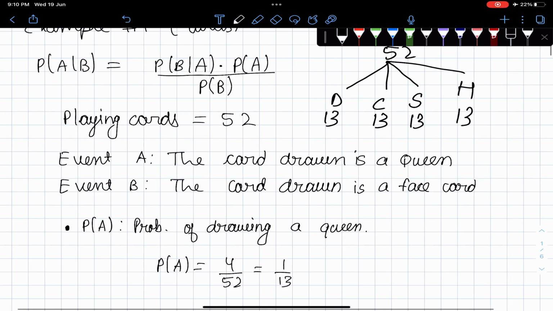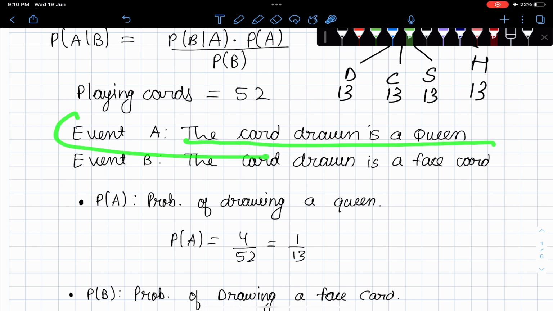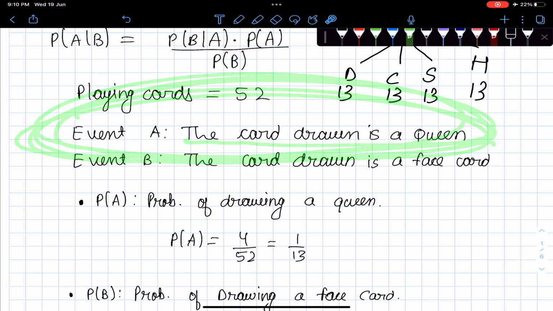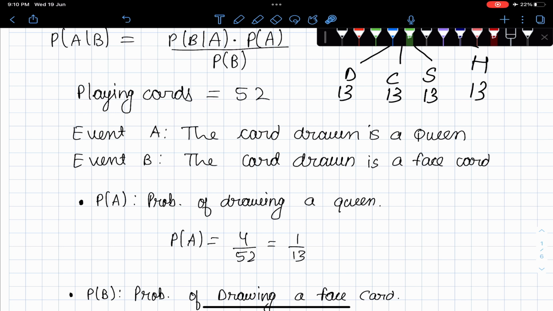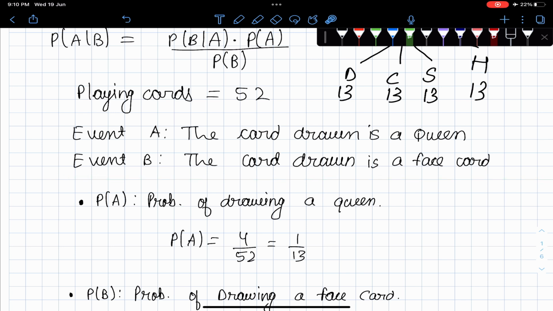This example says we have set two events. Event A says the card drawn must be a queen. Event B says the card drawn should be a face card.